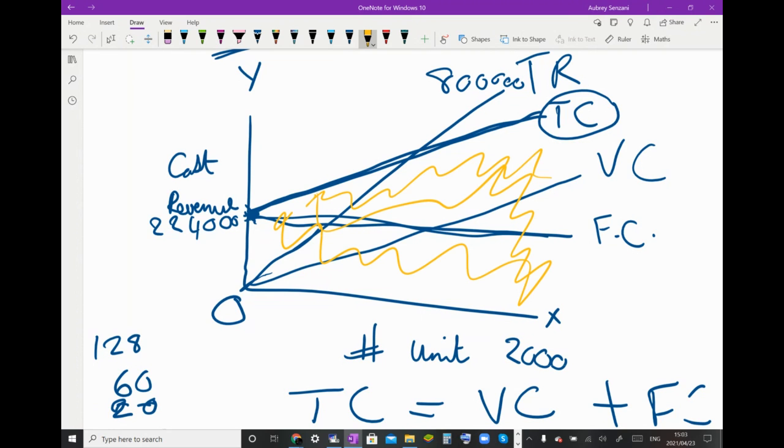Now, the point at which your total cost intersects with your total revenue is our break-even point. And can you see what's awesome here? You can see the total number of units that you need to produce at this point in order to break even.